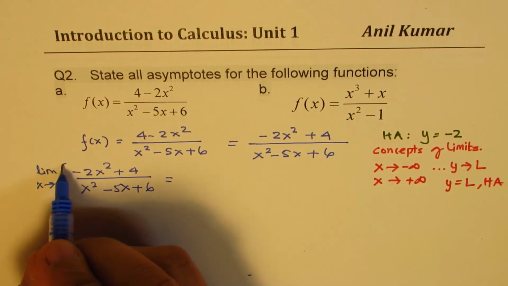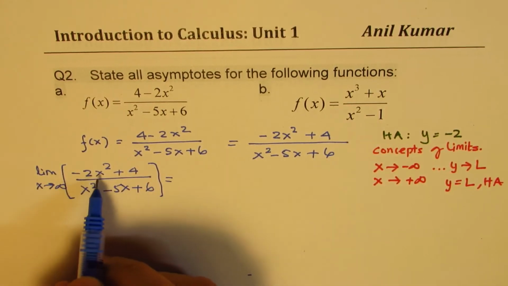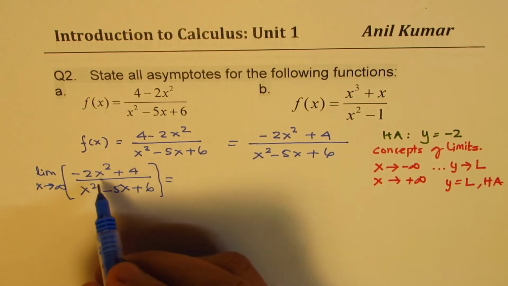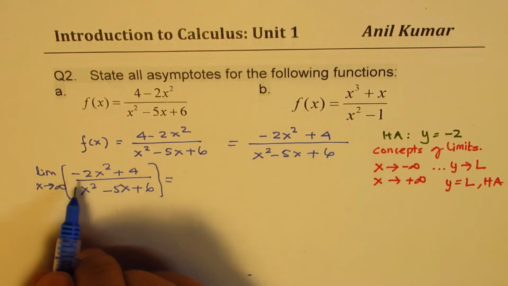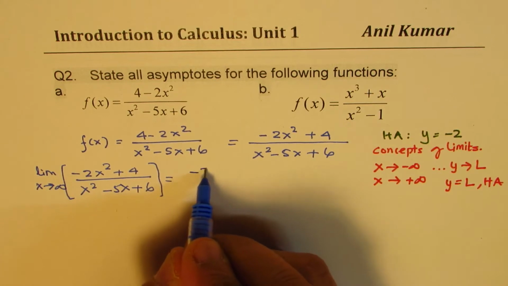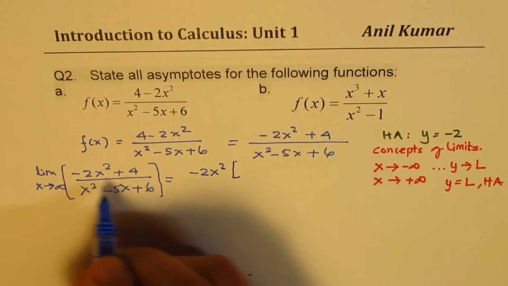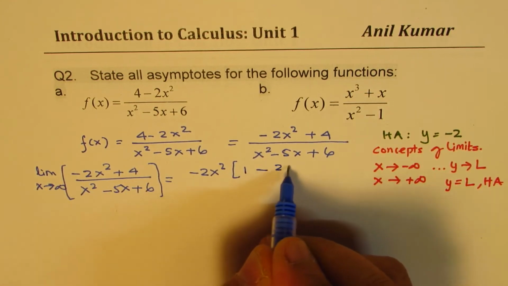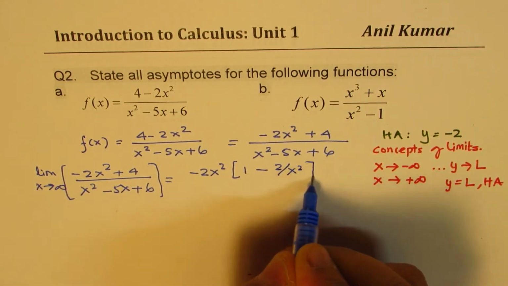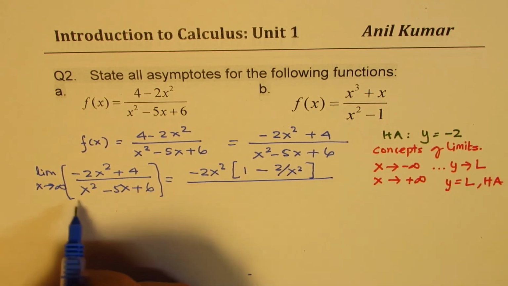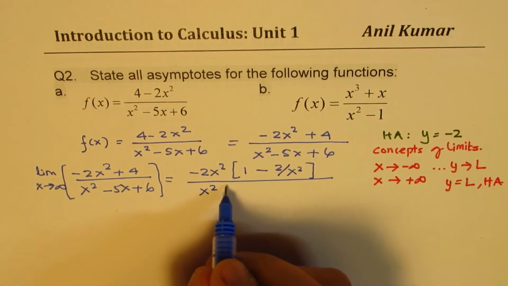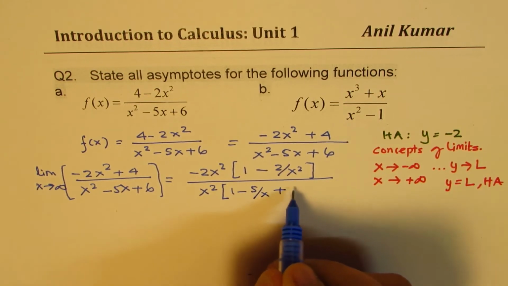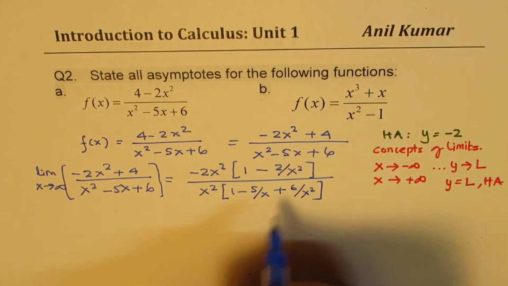Now to find this limit, we can factor out x squared. Better still, I'll factor minus 2x squared out so that I get the first term as 1, and dividing by minus 2 I get minus 2 over x squared. Is it clear to you? In the denominator, I'll factor x squared, so I get 1 minus 5 over x plus 6 over x squared.